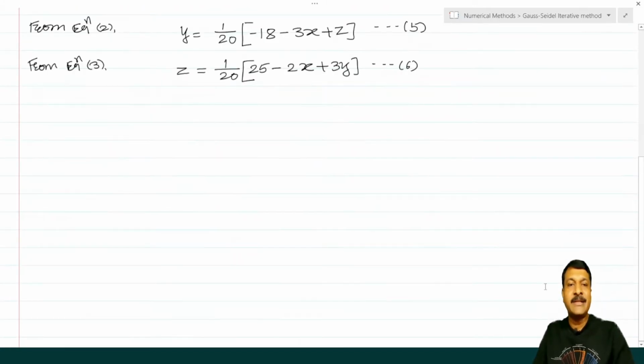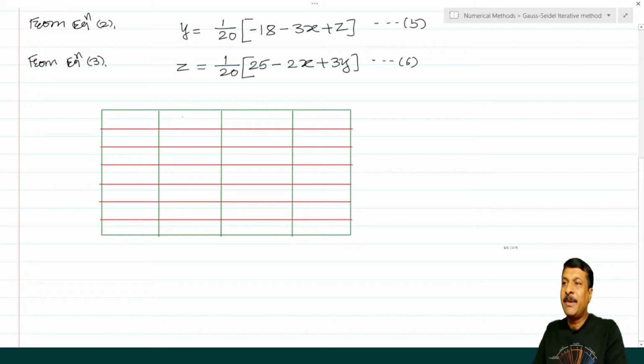Now the first iteration. But before that, I would like to suggest that in such an iterative or lengthy method, you always consider a table, and by that table you will get the recent values of the variables, here x, y, z. How to make that table, we will see in this example.